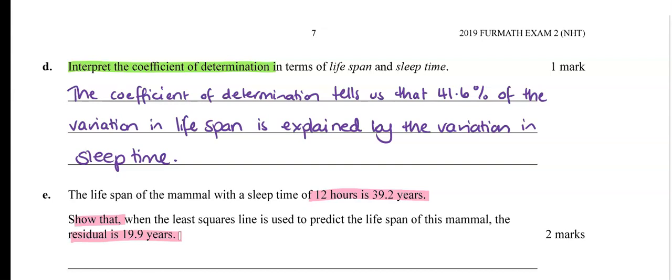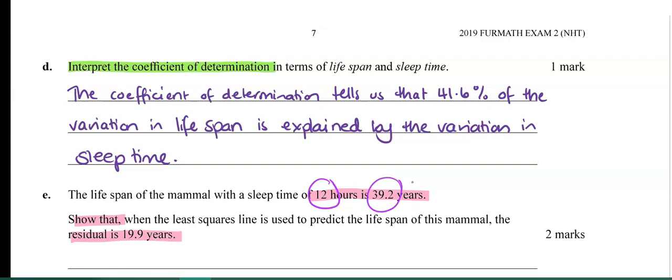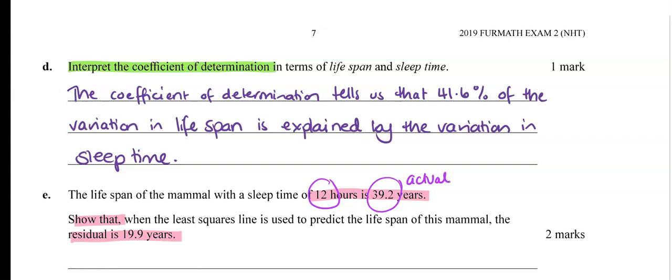So we need to find the residual. When we want the residual, we need a point of reference, which is our 12 hours, and an actual value of 39.2 years. So we can use that now with our regression equation to find a predicted lifespan and then find our residual value by doing our actual minus predicted.